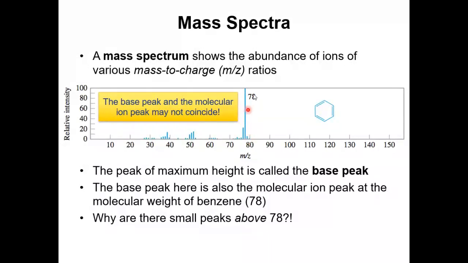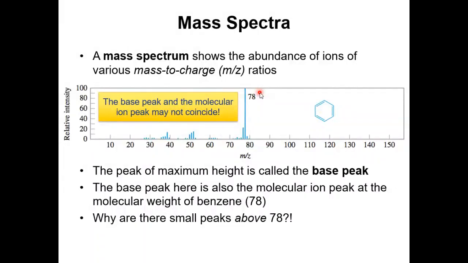To answer that question, we have to ask ourselves how this 78 peak comes about. We have this 78 peak because carbons are mostly carbon 12. Each carbon is 12, 6 carbons 72. And most of the hydrogens are hydrogen 1. So 6 carbons give 72 plus 6 hydrogens, hydrogen 1, 78.